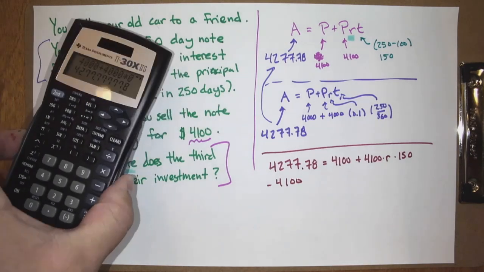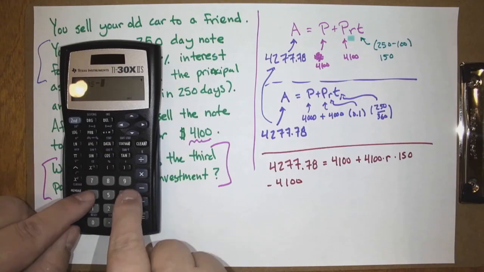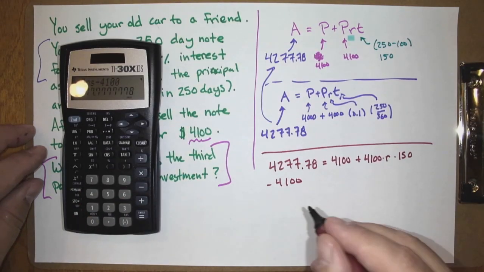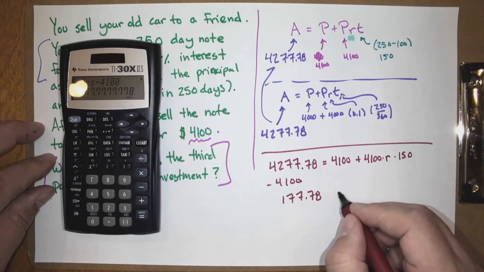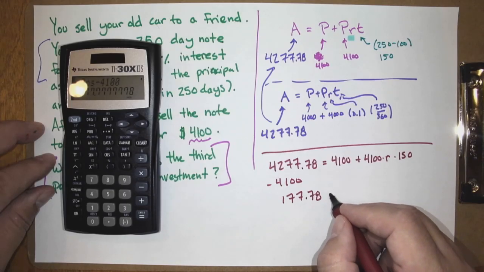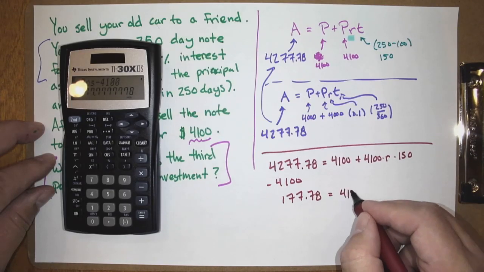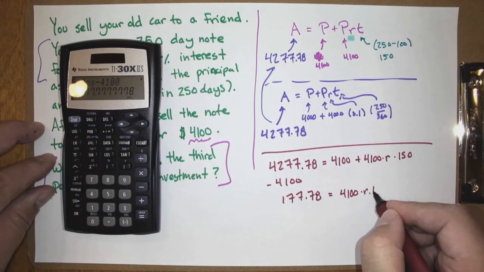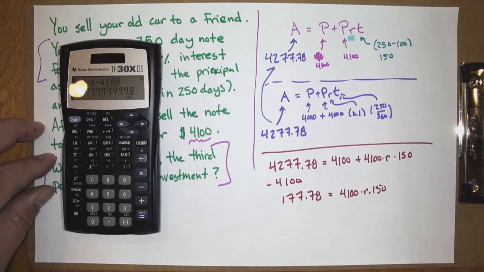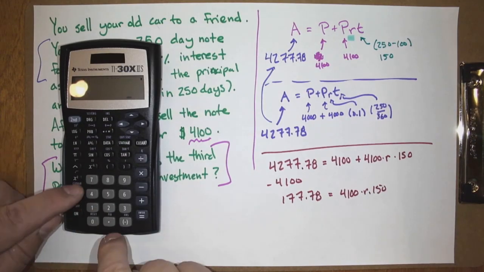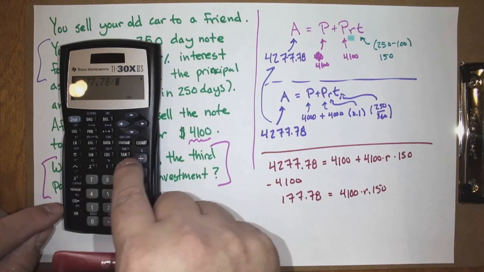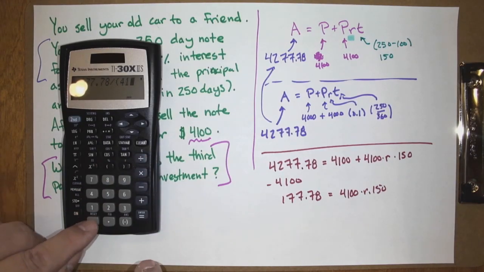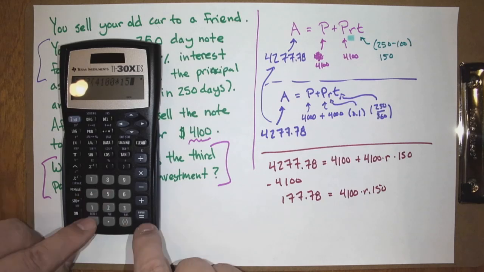That gives us $177.78. And that's equal to 4,100 times R times 150. And I'm going to do $177.78 divide by, throw in some parentheses, 4,100 times 150.